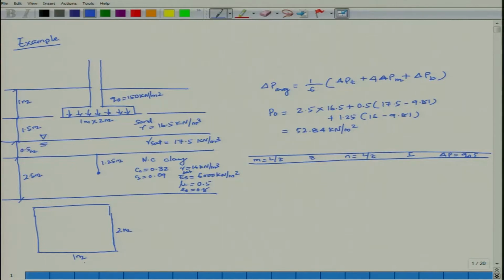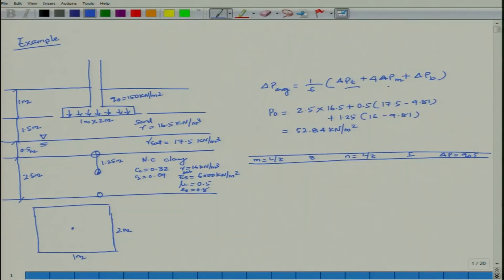Now increase in stress, once you are going to find it out, this is a rectangular loaded area and at the center you have to find it. So basically you have to make M and N and Z, at what depth you want to find it. Because there are 3 Z values, at the top, at the middle and at the bottom.